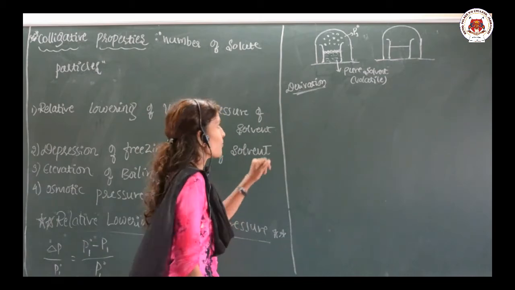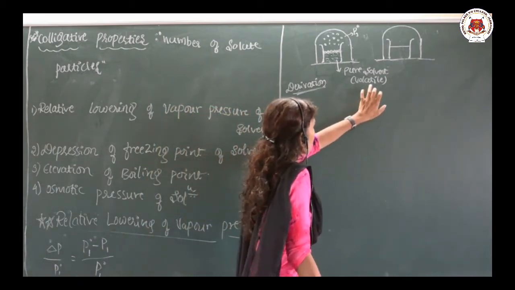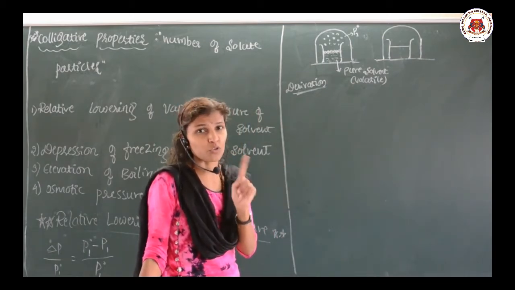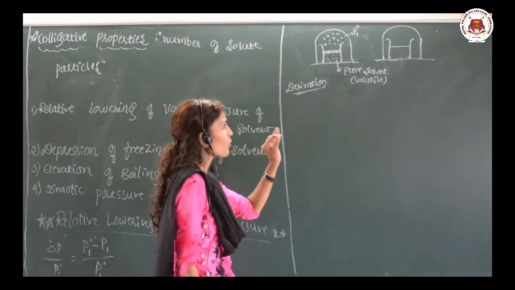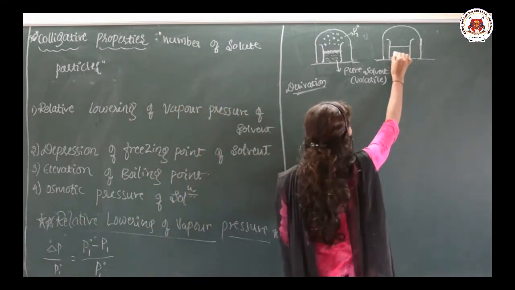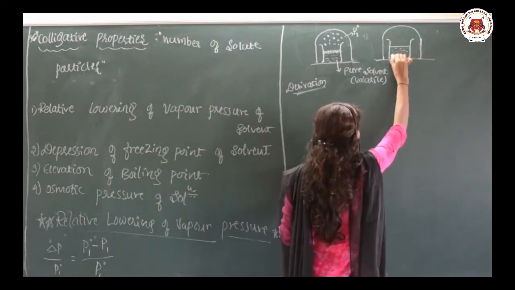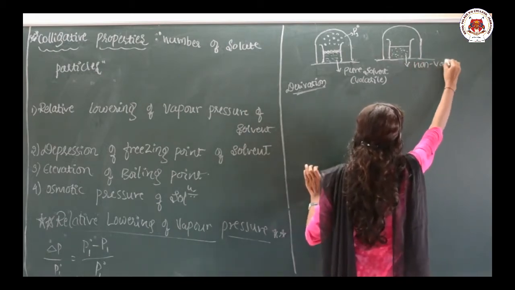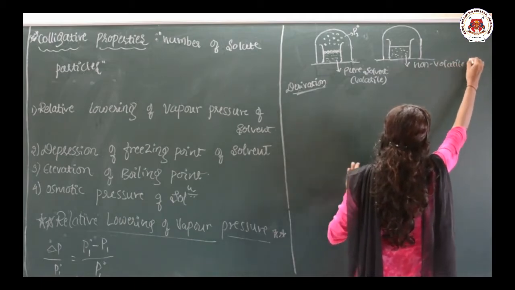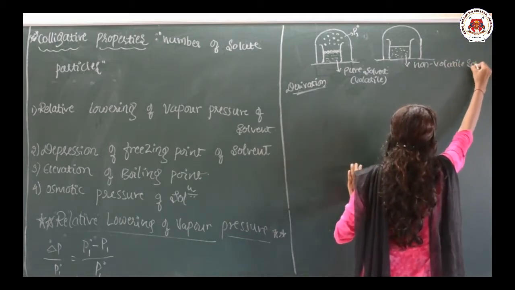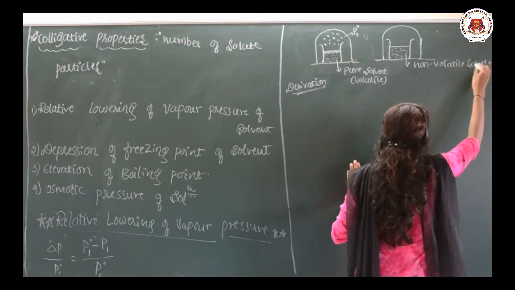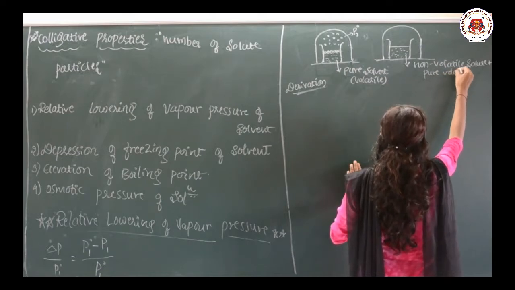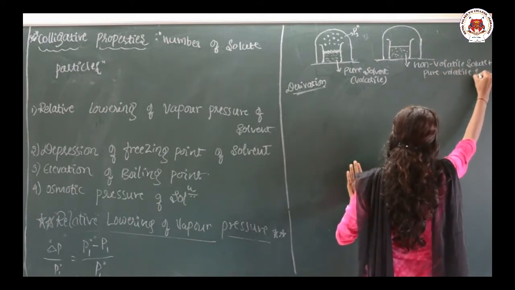Clear? So, to this pure volatile solvent, I am going to add a non-volatile solute. Let me take this as a solution consisting of non-volatile solute plus pure volatile solvent.